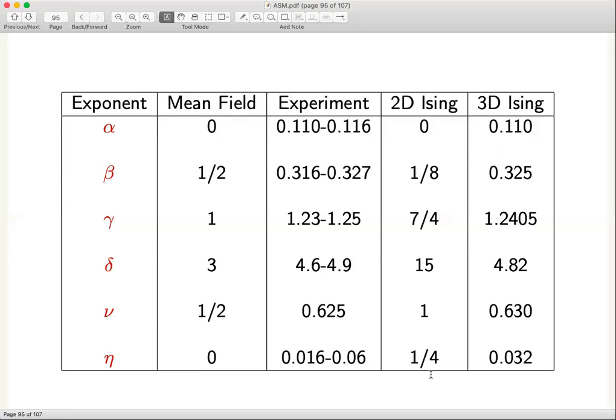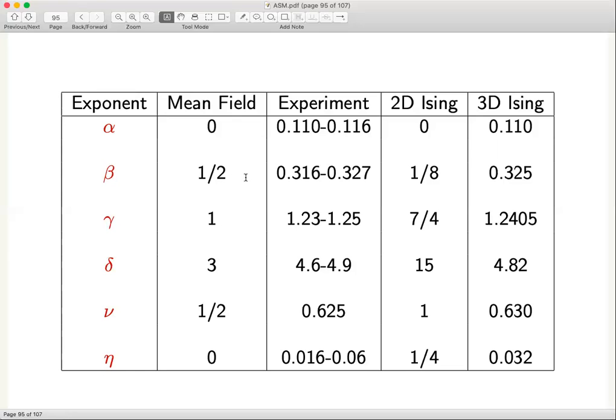And of course, these critical exponents you would get only in the neighborhood of the critical point where the Ising model makes a transition from the paramagnetic phase to the ferromagnetic phase. As you can clearly see, these numbers don't agree with the experiments, which are of course done on an intrinsically 3-dimensional system. That's why they agree with the 3D Ising model reasonably well, but not with the 2D Ising model.